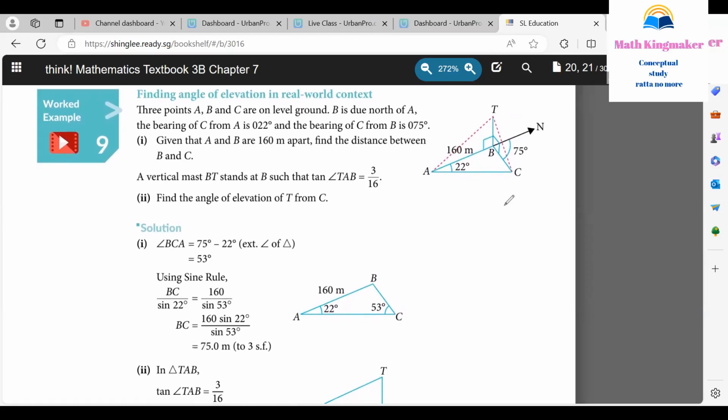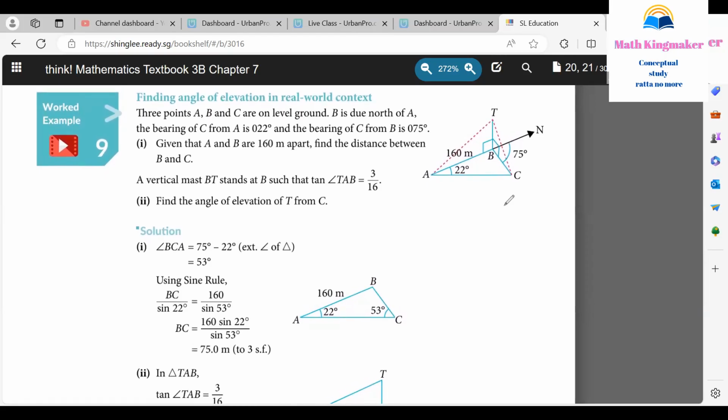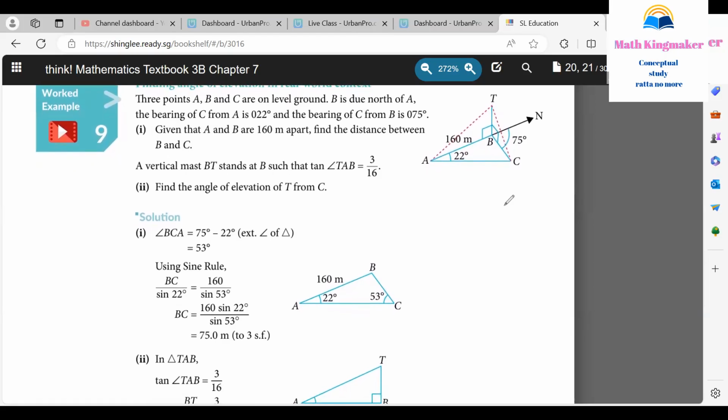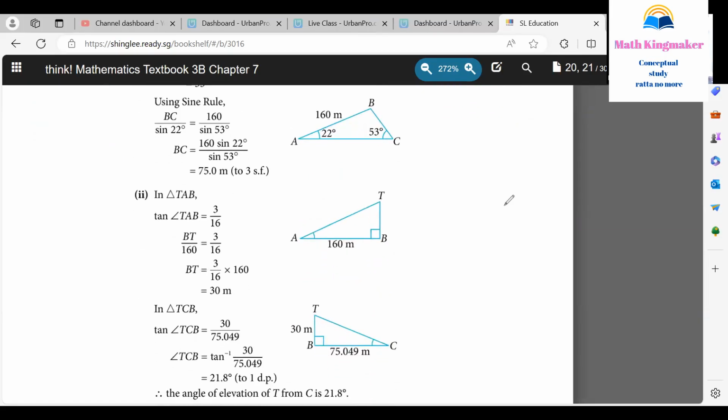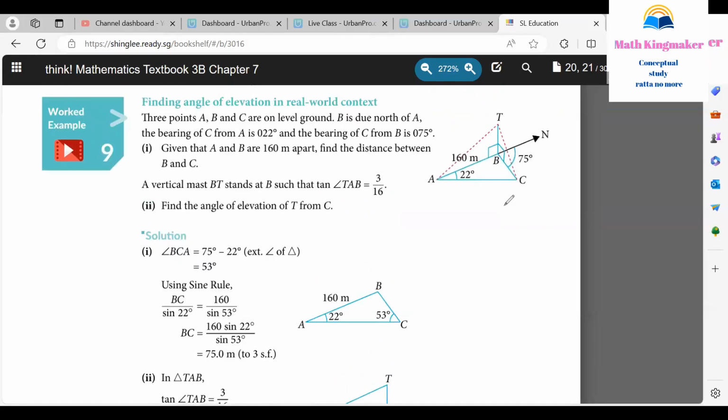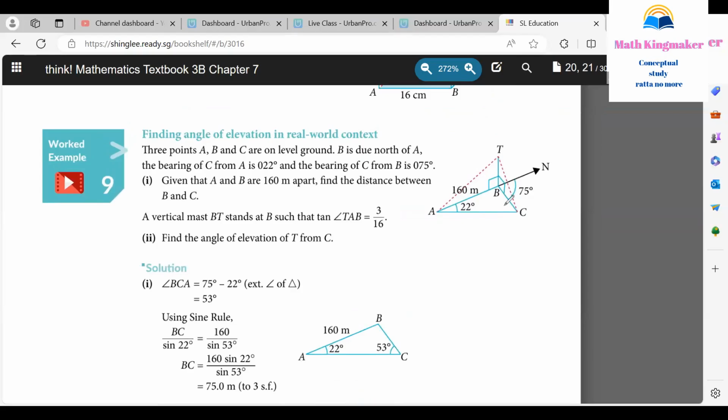Find the angle of elevation of T from C. So this angle you have to find out. Yes, C is the point of observation and you are seeing that point T. So that will be your angle of elevation. Okay, so it is in the TBC triangle. This is the TBC triangle. And it is given that it's a 90-degree angle.